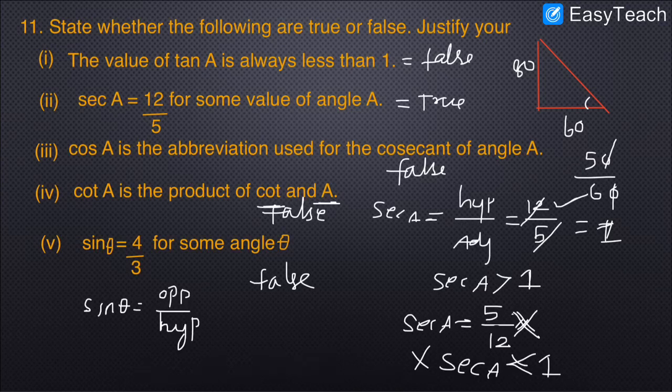This never happens because the hypotenuse is the largest side. And another thing, sin theta can never be greater than 1. If you reduce this, it becomes more than 1 point something. So this is not possible. So the whole statement is false.